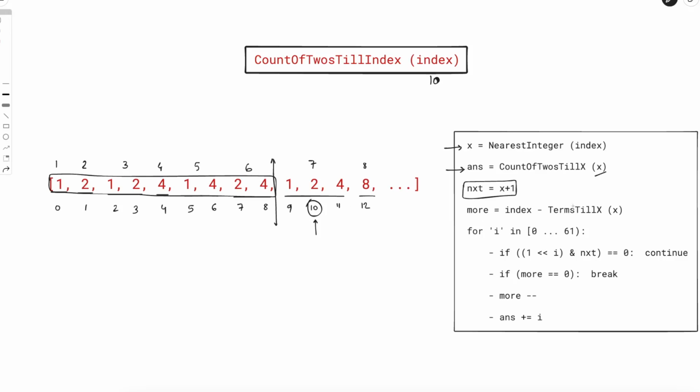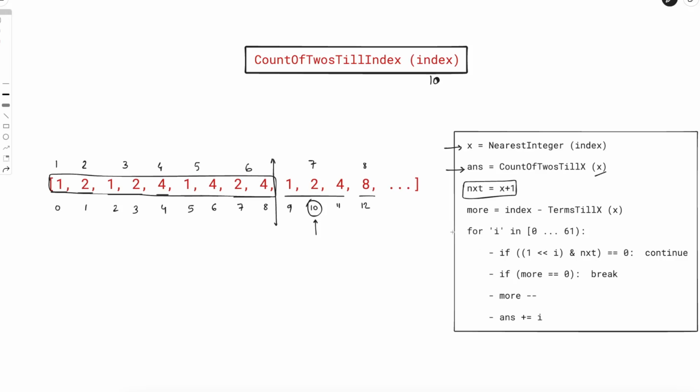So in this case we also need some function that will tell us how many terms are there up till a particular index, up till a particular number x, right? And if you subtract that you will get what is left. So in this case if you pass 6 you should get 8, and you will simply say I need 2 more integers from whatever 7 will decompose into.